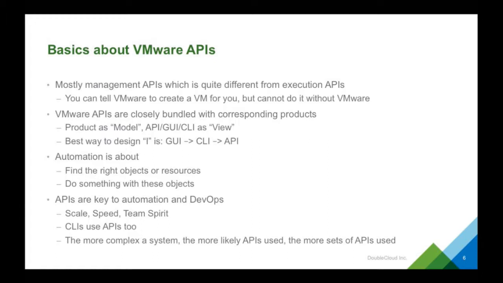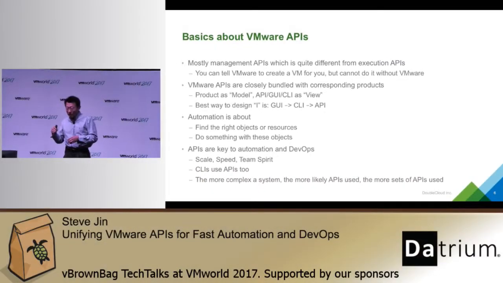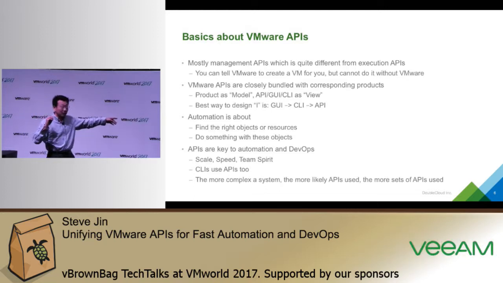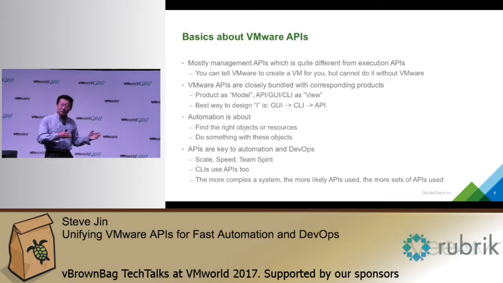Over time, I see the trend of building the GUI is changing. It used to be that we had an API, and then people built a GUI over here and a command line over here. If you look at companies like Microsoft, they have changed the route: they build an API, then they build a PowerShell command line on top of it, and then they build a GUI on top of it.